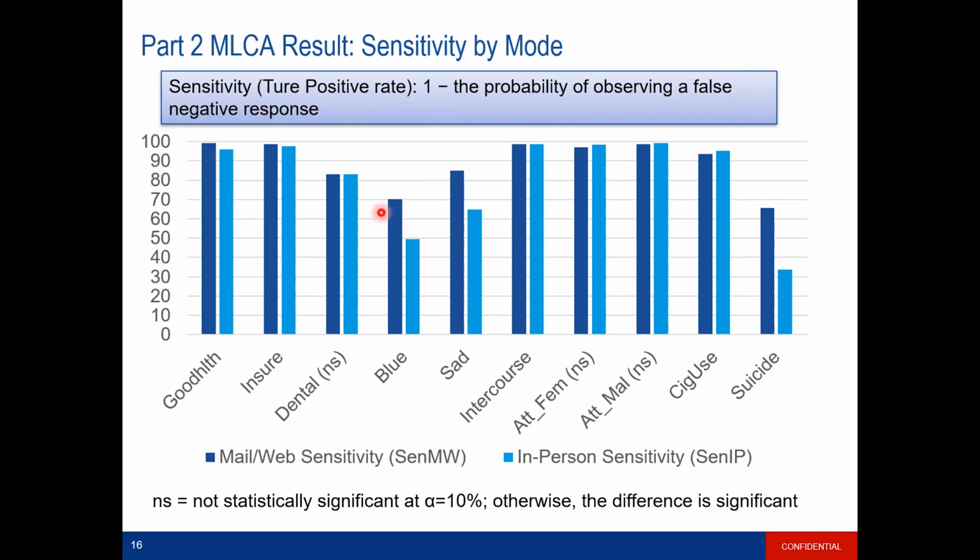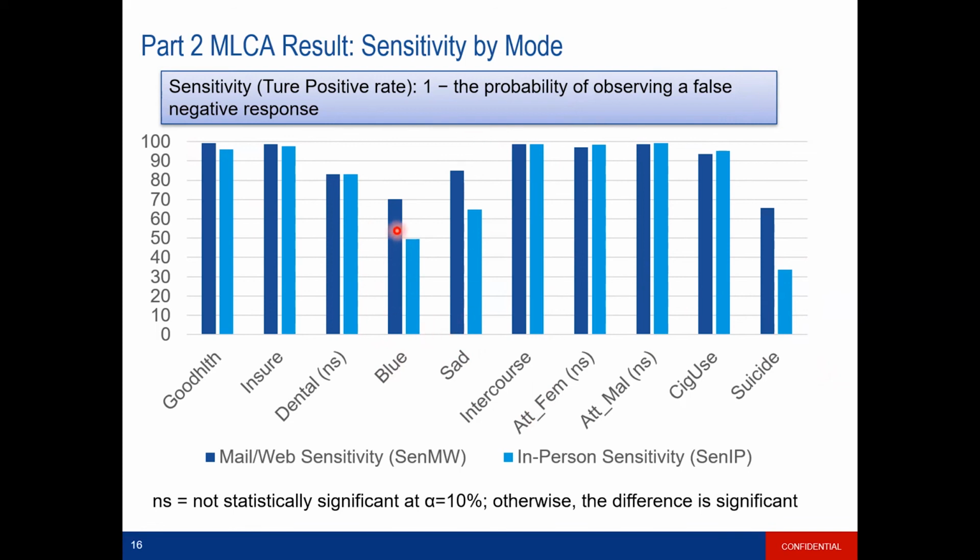There are some items that have much lower sensitivity, which means that they have larger errors. So like blue and sad and suicide thoughts, those are the ones that is a little bit problematic.